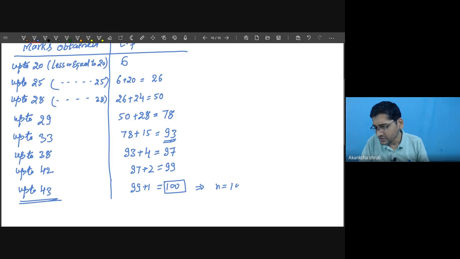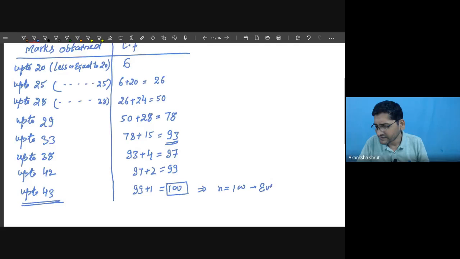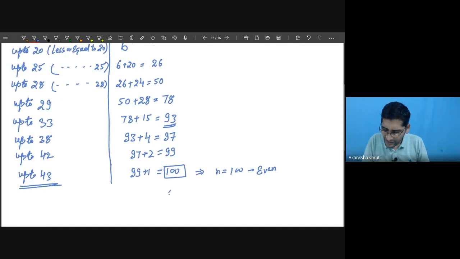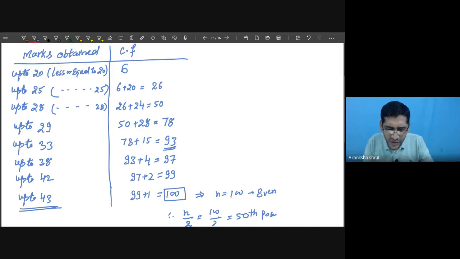So n is equal to 100. Therefore I need n by 2, 100 by 2, the 50th position. Where is that 50th position? Observe carefully. Here the 50 is already existing. It means the 50th data is 28. Get it?